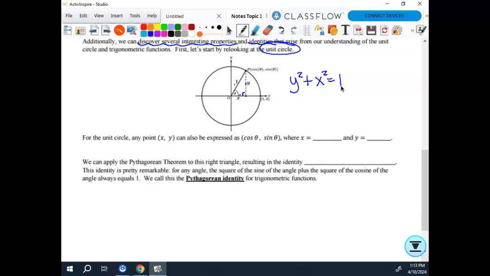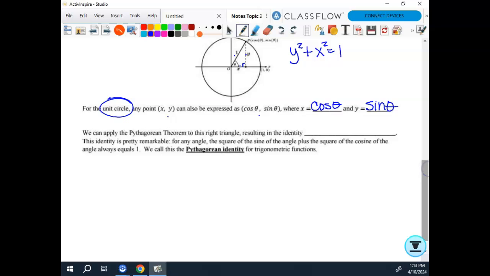That's what's happening there. All right, so any point (x, y) can also be written as (cosine theta, sine theta) when we have a unit circle, which is what we have. And we've known this for a while: x equals cosine theta and y equals sine theta.